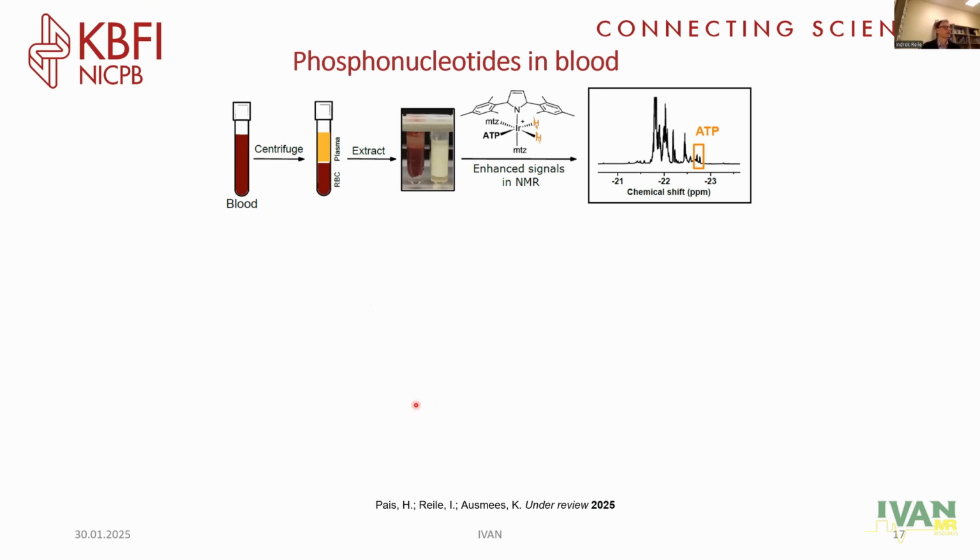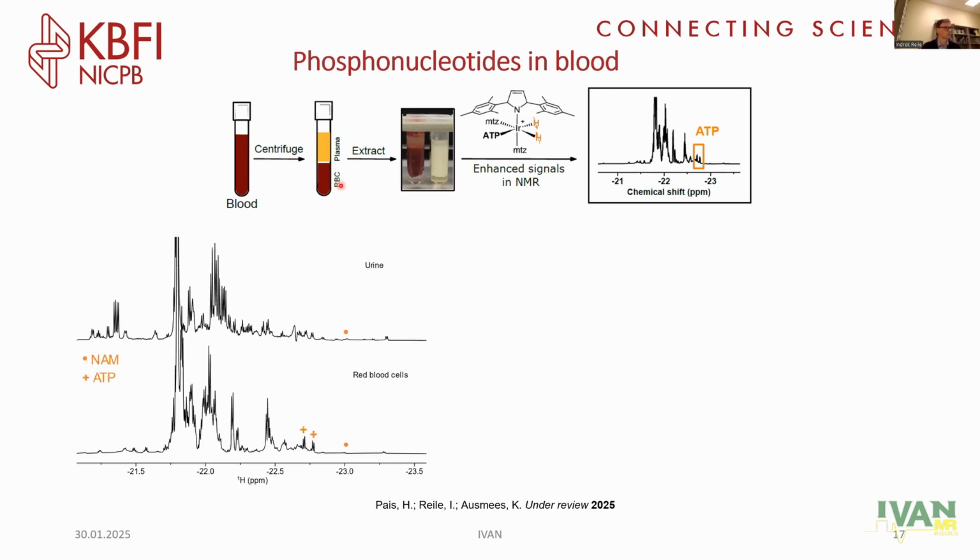So the trick is that there shouldn't be any ATP in plasma, but there is ATP in cells because they live. Red blood cells are the most abundant cells.